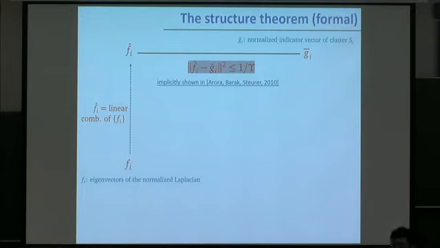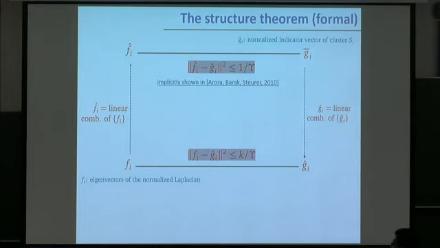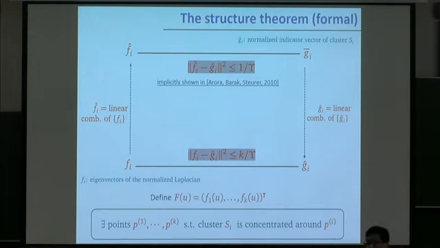More interestingly, we can show the other direction as well. Namely, for every fi, we can find gi hat, which is a linear combination of the normalized indicator vectors, such that the L2 squared distance between fi and gi hat can be upper bounded with respect to epsilon as well. There are a few interesting consequences of this structural theorem.